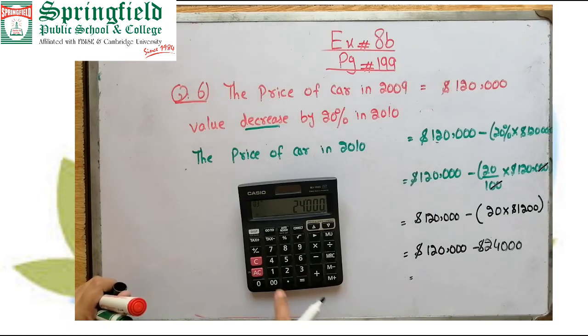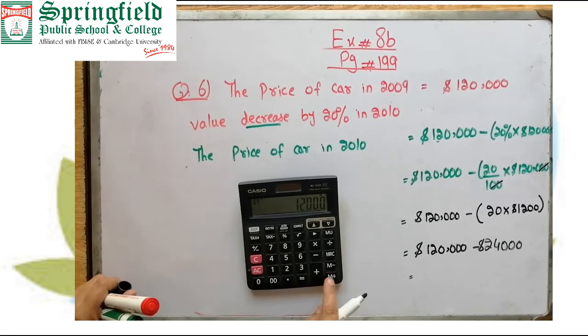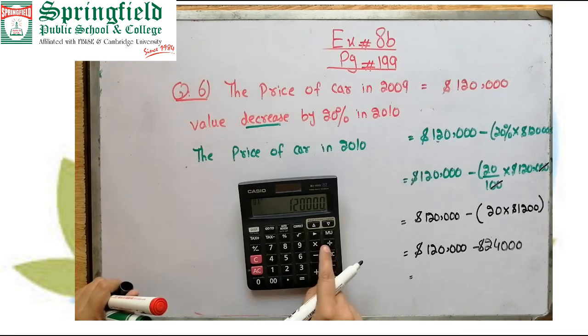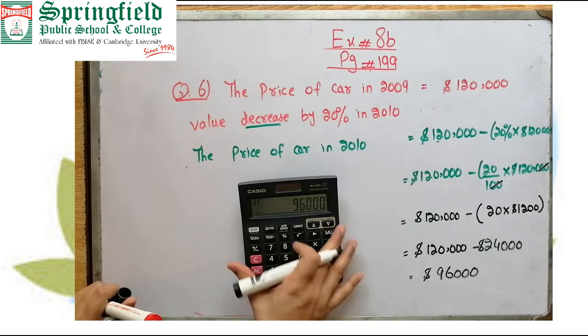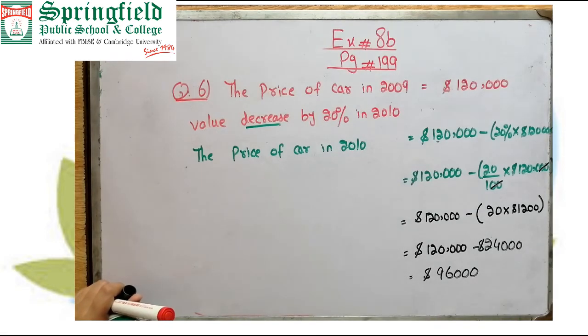So when we subtract from $120,000 the 24,000 dollars, we get $96,000.